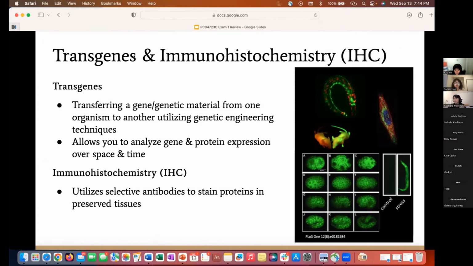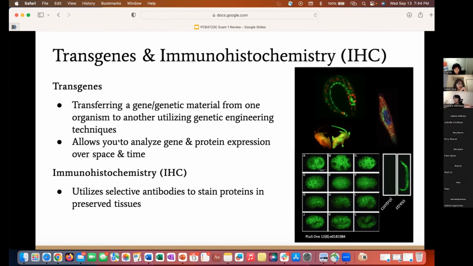And we utilize this immunohistochemistry aspect, which involves fluorescent labeled antibodies that bind to a specific protein. Because they're fluorescently labeled, they act as markers that allow us to determine where proteins are expressed in that alternate organism.